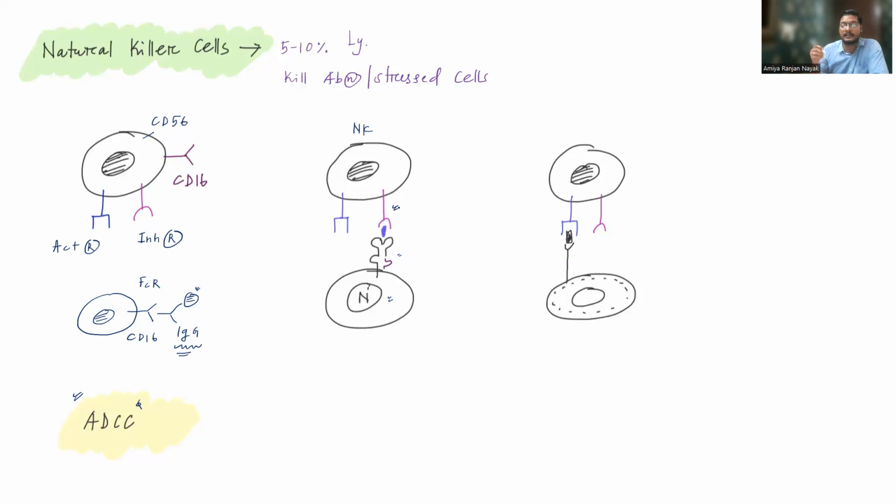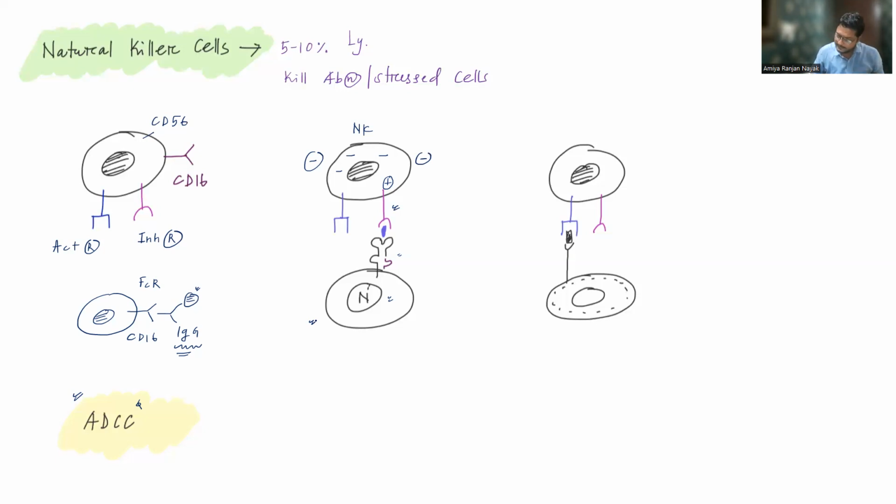So once the normal cell presents the self antigen with the MHC class I molecule to the inhibitory receptor of the NK cell, the inhibitory receptor is going to be activated. Once the inhibitory receptor is activated, it is going to inhibit the NK cell. That means the NK cell will not damage this particular cell, that is the self cell. Okay. So in this process, the NK cell can identify the self cell, and it is not going to produce any kind of immune response against that particular cell.